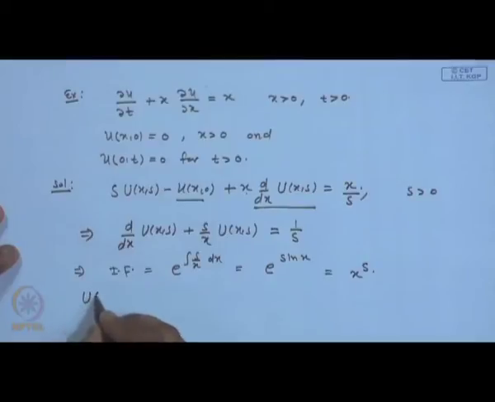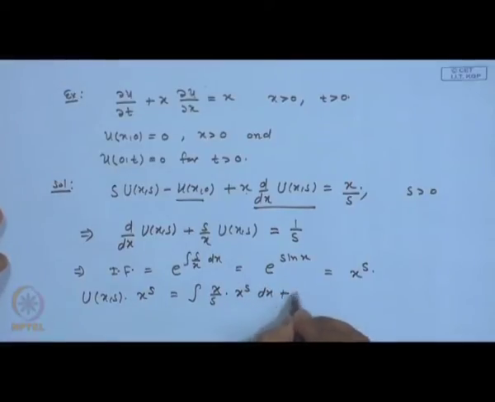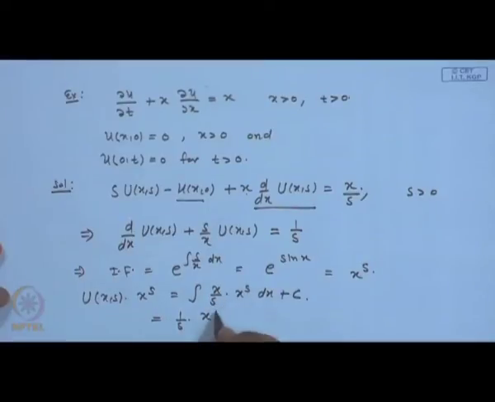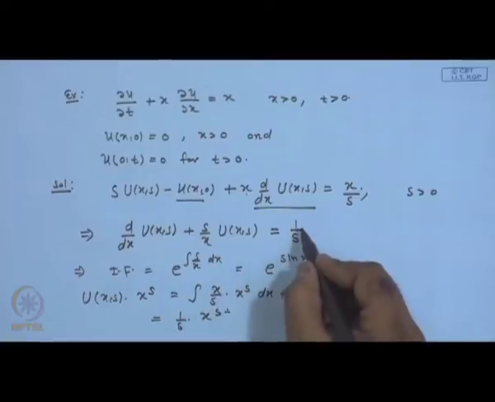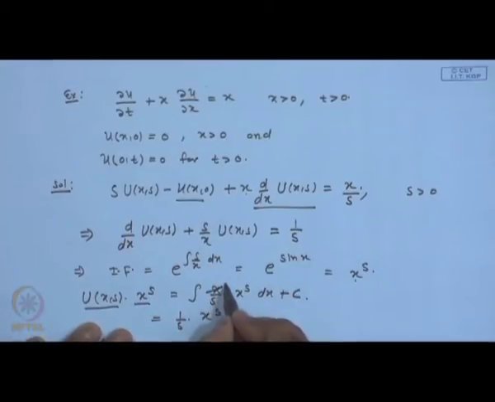The solution then, u(x,s) multiplied by this integrating factor x to the power s, equals the integral of the right-hand side, which is only 1 over s, times x to the power s dx, plus c.